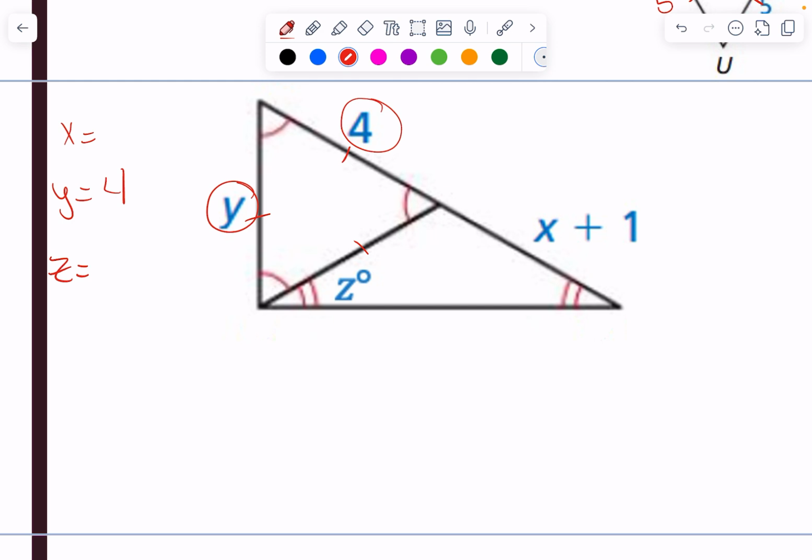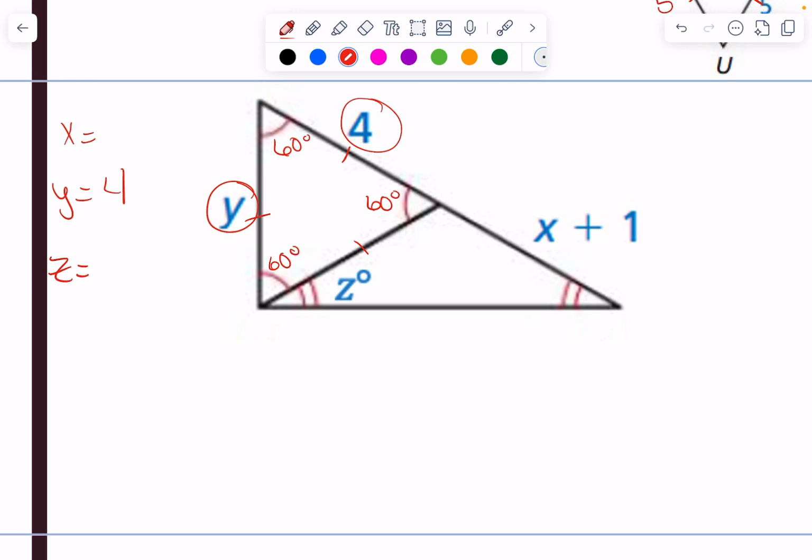Since all three angles are equal, all of those angles measure 60 degrees. Remember, we talked about that a couple days ago: in an equilateral triangle, all the angles add up to 180, so 180 divided by 3 equal angles tells me each angle is 60 degrees.